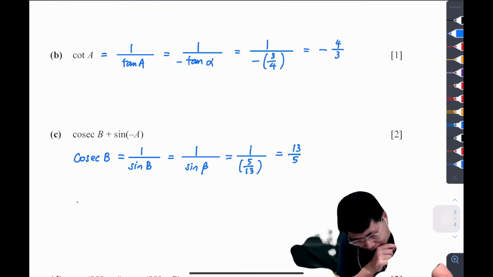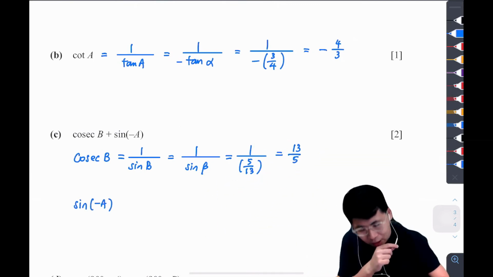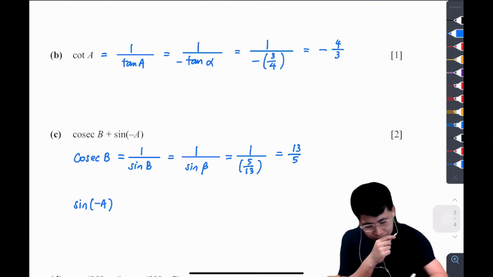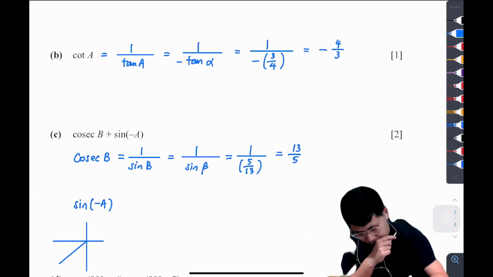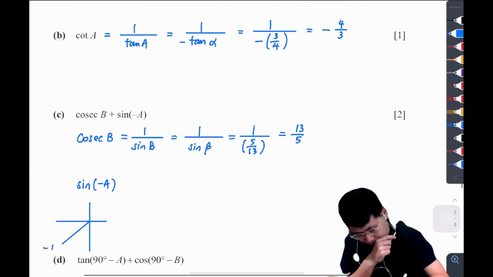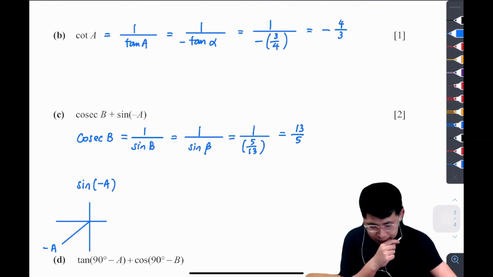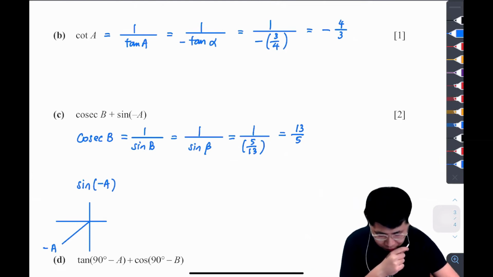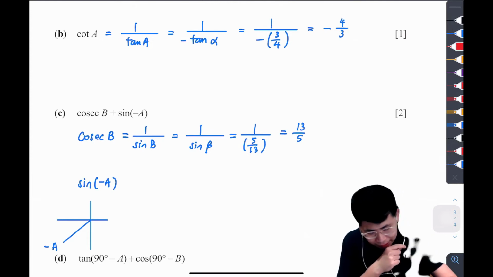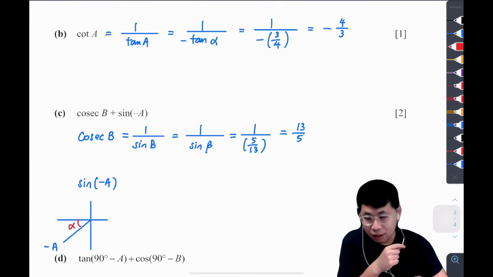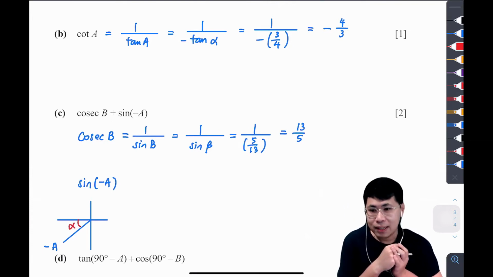Now, what is sine of negative A? Now, A is an obtuse angle. So where is negative A? Negative A is over here. What's the basic angle then? The basic angle is still alpha.